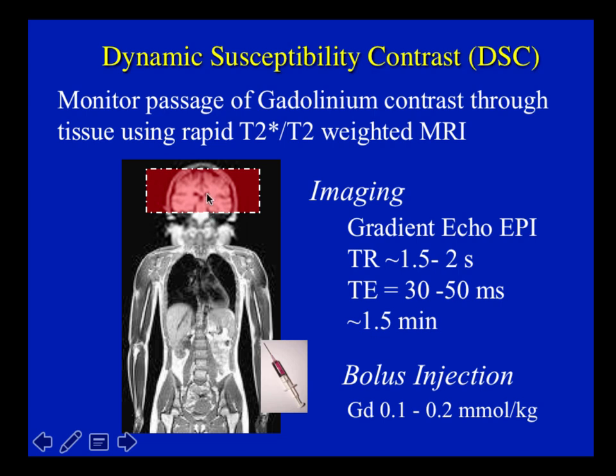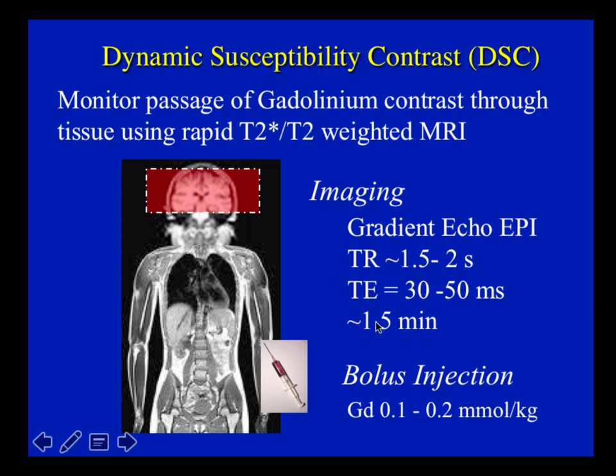traveling through the brain, we acquire images through the brain, typically using gradient echo EPI techniques, echoplanar imaging. In this case, we use a TR of about 1.5 to 2 seconds, and we acquire these images over and over again so we can monitor the passage of contrast through the brain.